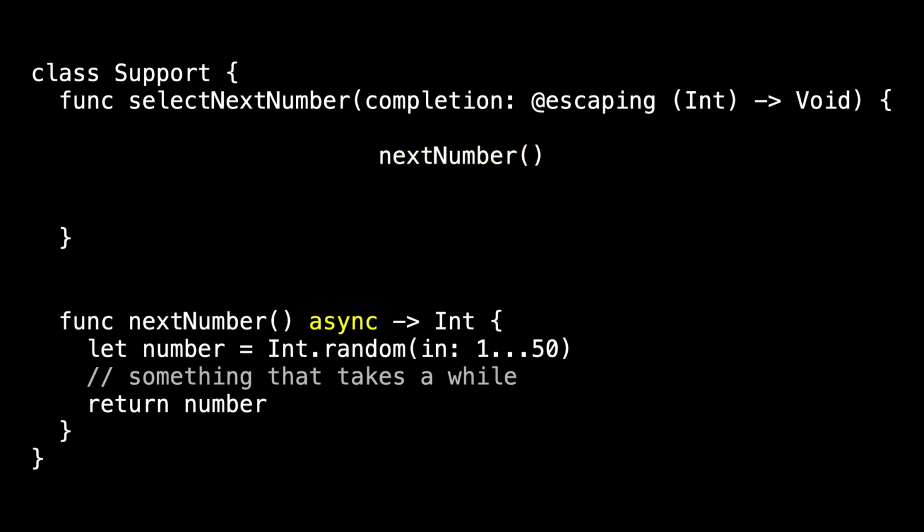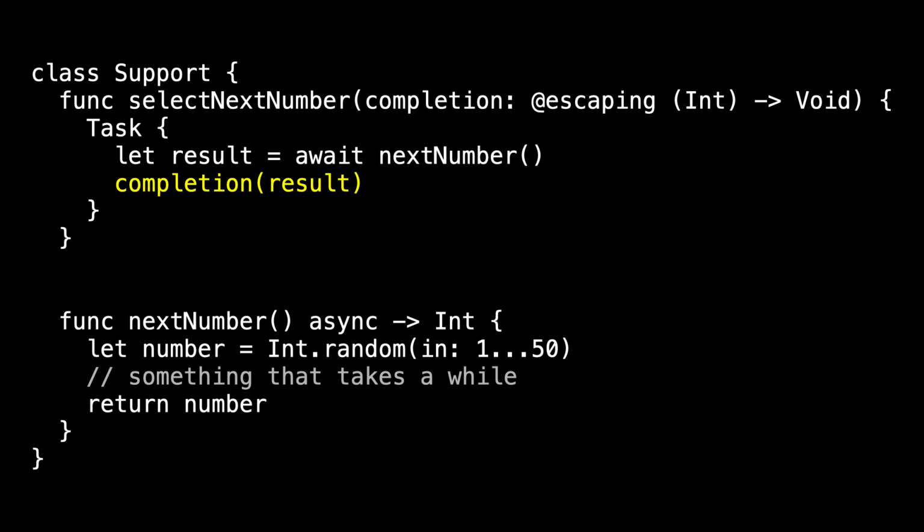Because nextNumber is async, I need to call it with await. And as soon as I call it with await, it must be inside of some context that understands async. I'm going to put it inside of a Task. In addition, nextNumber returns an Int, and so we'll store the value returned by nextNumber as result. Look again at completion. Completion expects an Int, and so we apply completion to result. We apply completion to the Int we got back by calling nextNumber.